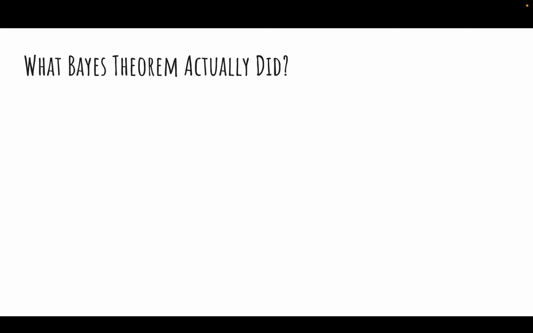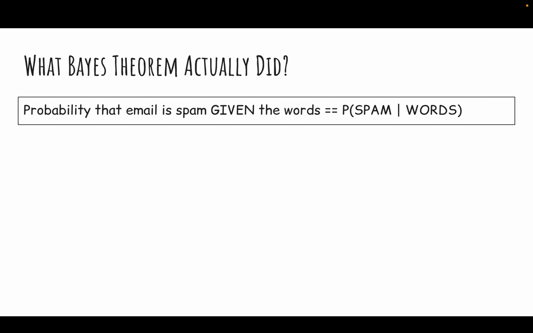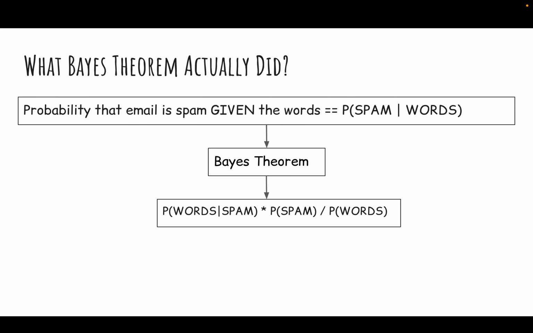So what did Bayes theorem actually do? Our problem statement was the probability that the email is spam given the words, which turns out to be P of spam given the words. So the words are win, free, now. Now we take this statement and send it to Bayes theorem, which converts that problem statement into the probability of words given spam times the probability of spam, divided by the probability of words.